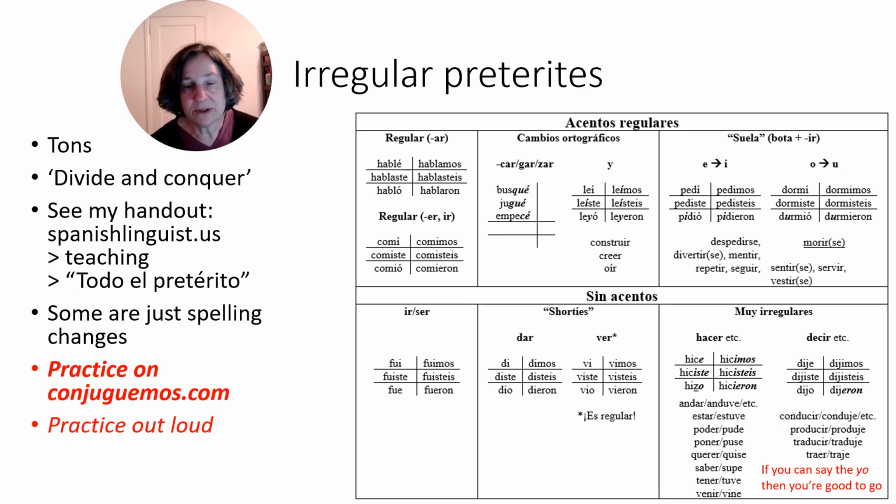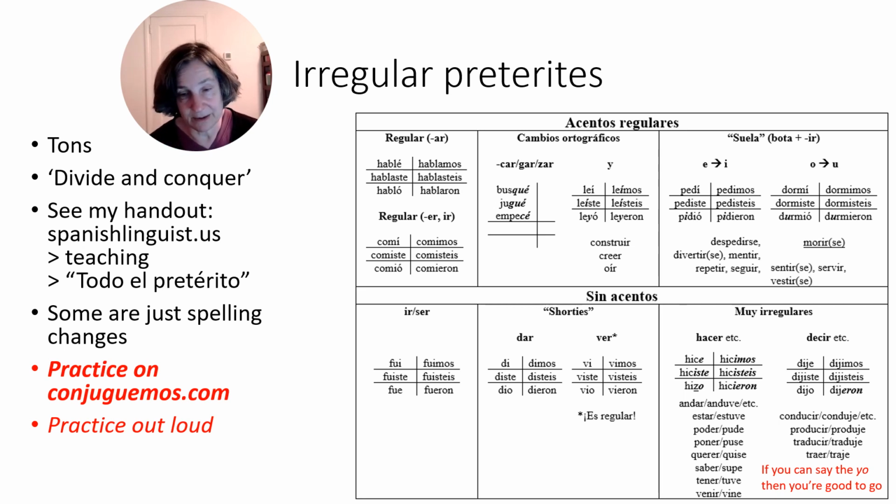So then there's a bunch of irregulars which sound very different because they don't have that characteristic preterite hunting horn rhythm. So ir and ser are identical in the past tense, and somehow it doesn't end up being a problem.